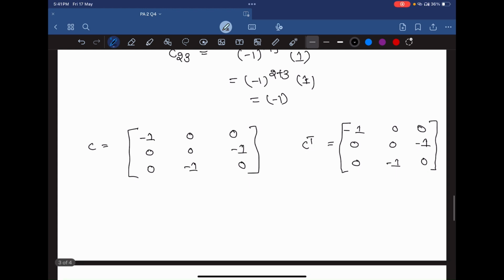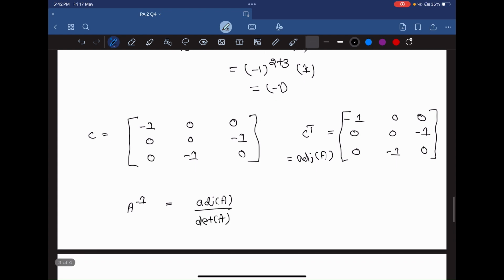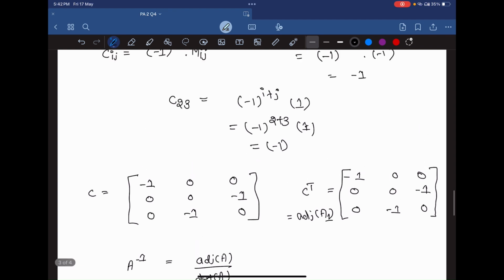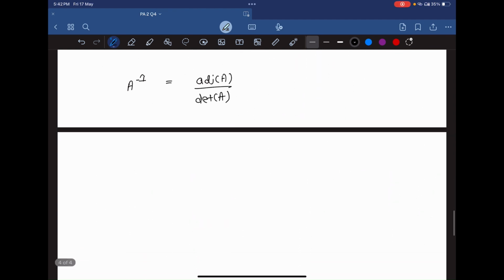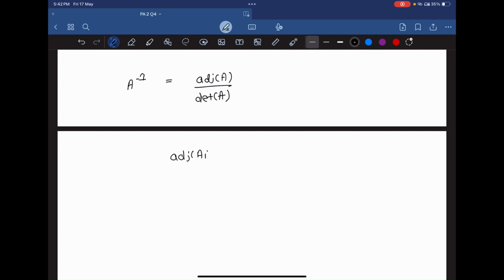So we have found the adjoint of matrix A as the cofactor transpose. Then A inverse is given by the adjoint of matrix A divided by the determinant of matrix A. So this was the adjoint for A1, divided by the determinant for A1.